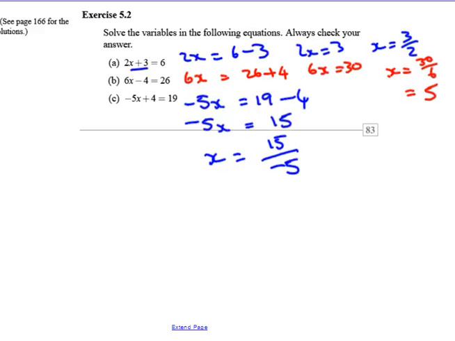So I'm going to now divide by that minus 5. Okay, all I've done is change multiplication to division. A positive number divided by a negative number is negative, and 15 divided by 5 is 3. And now if I want to check, negative 5 times x, negative 5 times negative 3 is 15, and 15 plus 4 is 19. I know my answer is right.